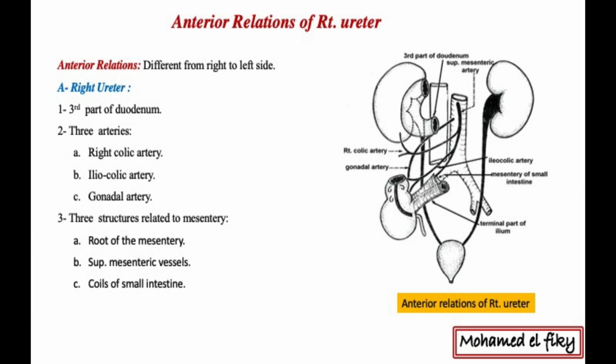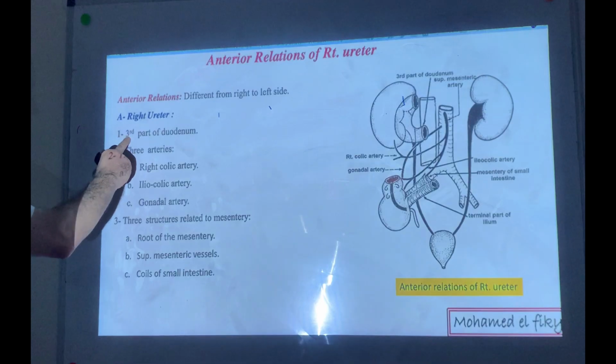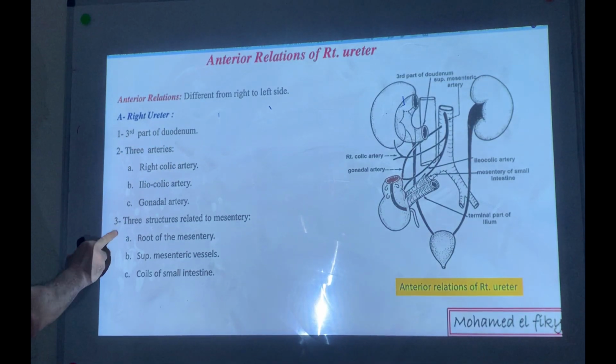Three structures are related to the mesentery: the root of the mesentery descends in front of the ureter, with the superior mesenteric vessels inside it, and the coils of small intestine. Remember number 3: third part of duodenum, with 3 arteries and 3 structures related to the mesentery.